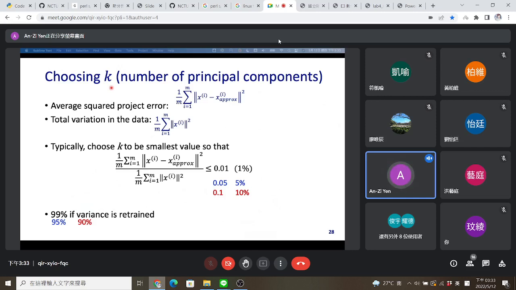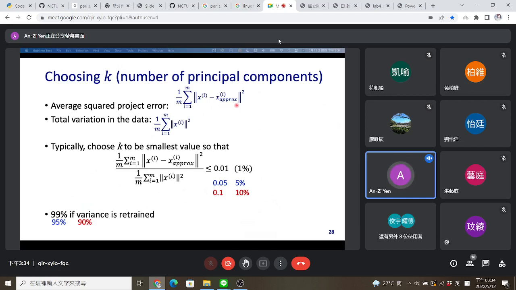So to choose k, that is to choose the number of principal components, we can use some useful concepts of our data. What PCA tries to do is to minimize the average squared projection error, which is the difference between the original data x and the projected version x approximate i.